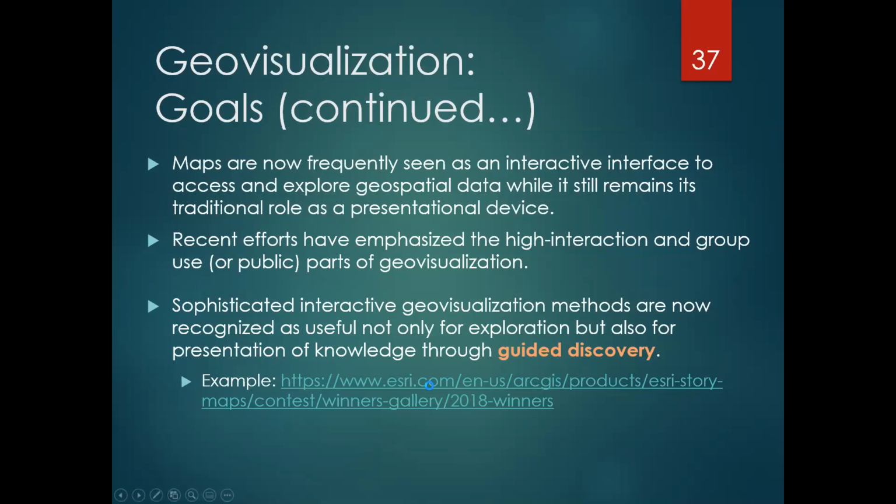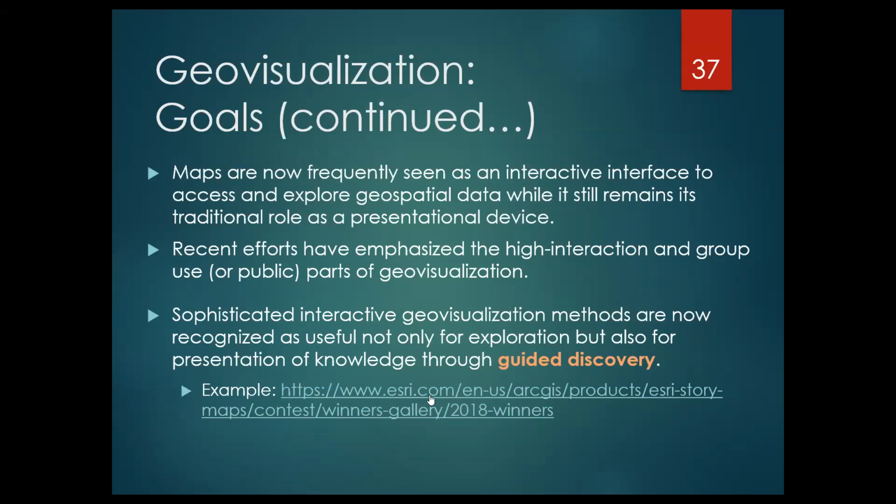Here I want to show you an example. Of course, you can just explore it yourself. It's called story map from Esri. The example here is the winner of the 2018 story map competition sponsored by Esri. The topic is the Rohingya refugee emergency at a glance.